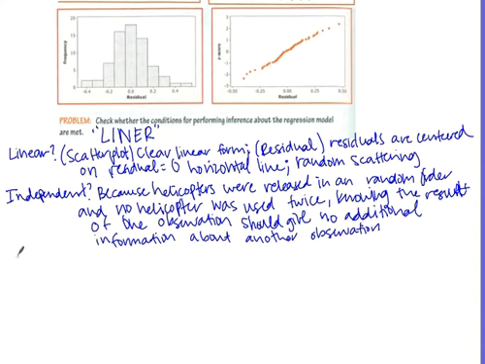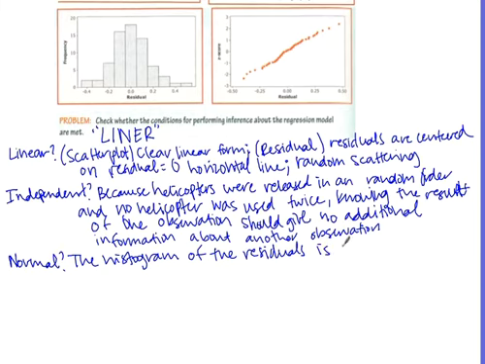All right, next in LINER we have N for normal. So if we want to check that we have normality, we're going to look at the histogram. When we look at the histogram, we can tell that the histogram of the residuals, which is what we have here, is single peaked, which just means it has one place where it peaks.